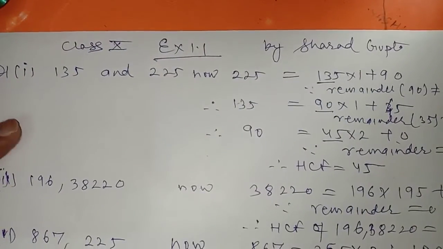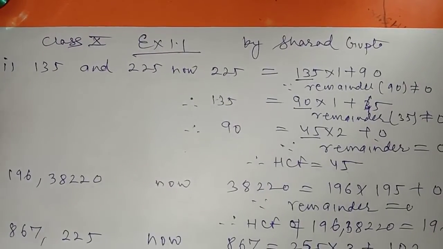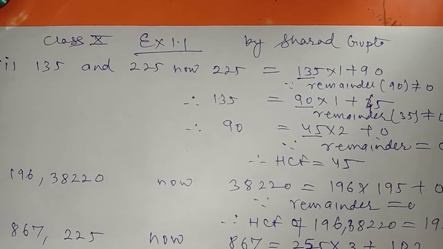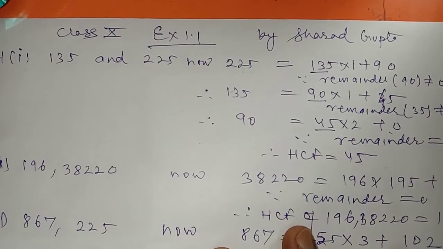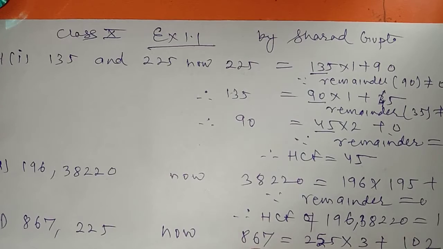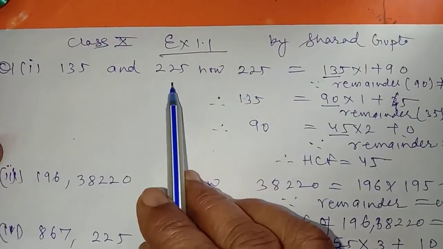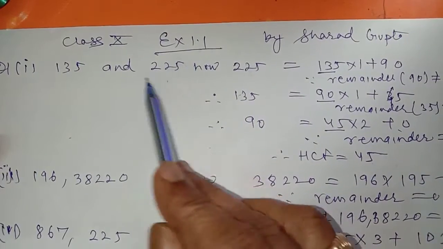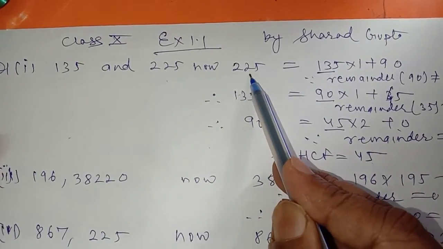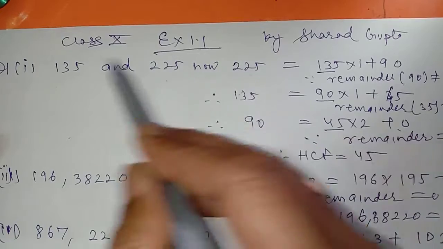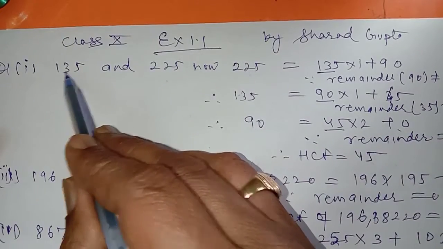Now let us take exercise 1.1, where you have to find the HCF of the two given numbers by Euclid division algorithm. When you have to find the HCF of these two numbers, we start with the greater number. The greater number will be the dividend, and the divisor will be 135.